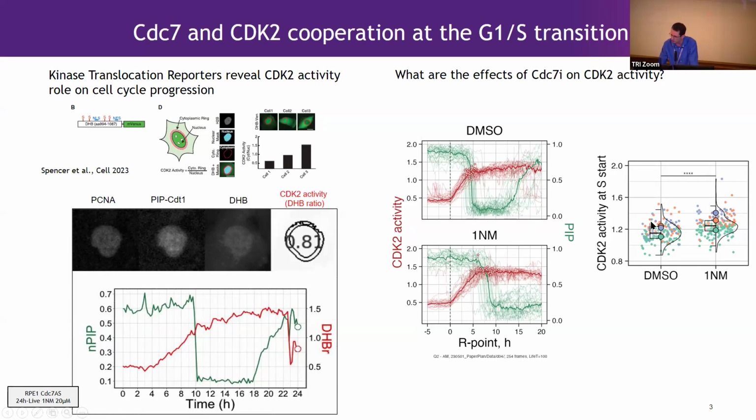In normal circumstances we have this level, but when we inhibit CDC7, the CDK2 activity has to be higher. So this really suggests that CDC7 and CDK2 work in pretty much the same mechanism to get cells into S phase. When you remove one, the other has to work harder.